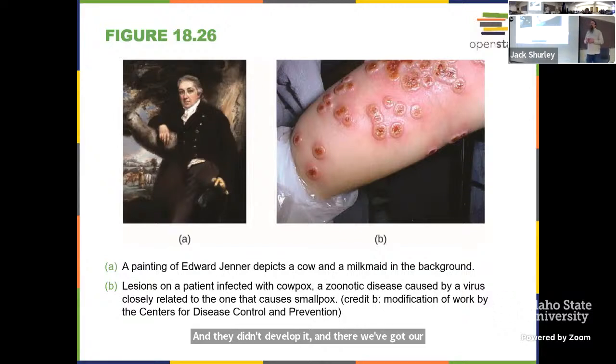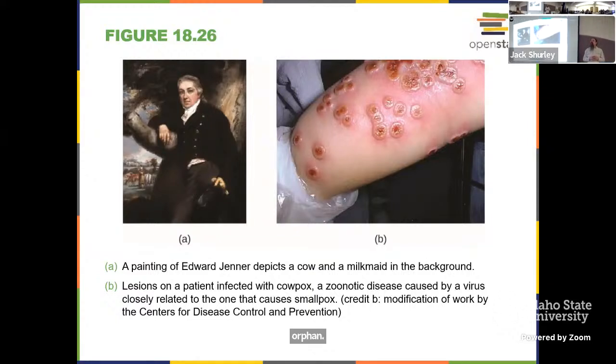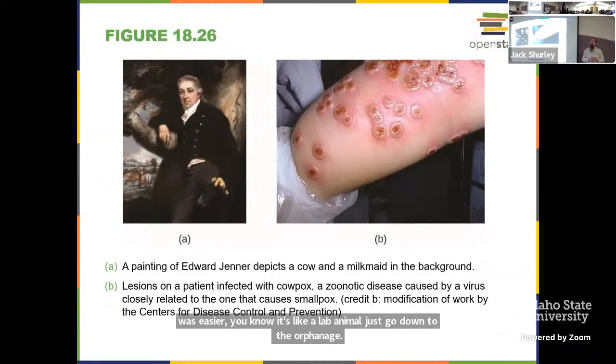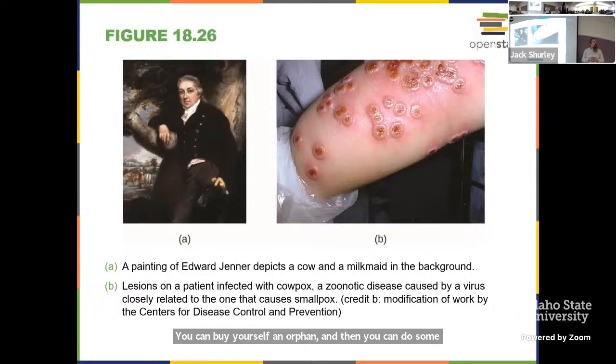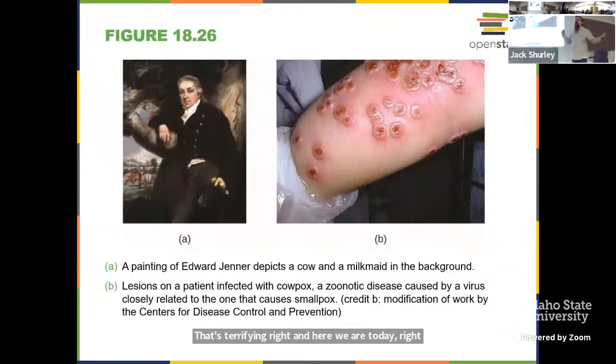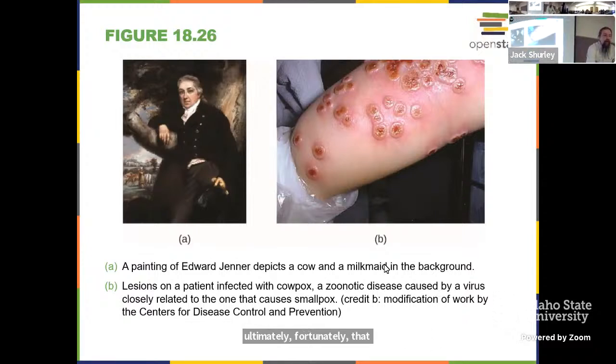I have later heard that it wasn't his kid. It was just an orphan. It was easier, you know, it's like a lab animal. Just go down to the orphanage. You can buy yourself an orphan and then you can do some science experiments on it. That's terrifying, right? And here we are today, right? So ultimately, fortunately, that child didn't develop smallpox as he was exposed to that.